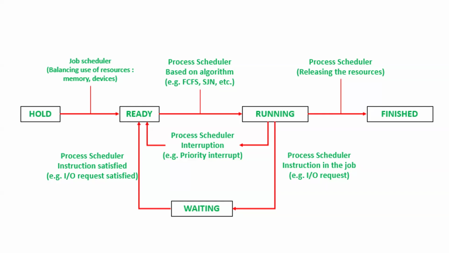The scheduler is in charge between ready and running. We're going to have a slide that talks about everything that happens between ready and running. When it runs and executes, it releases the resources that it used. The resources become available for the next task.